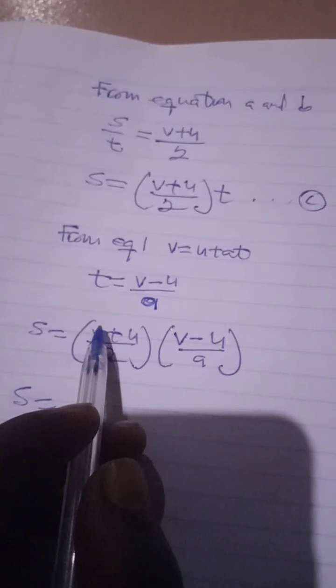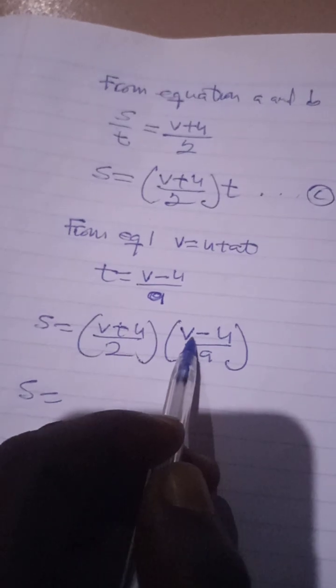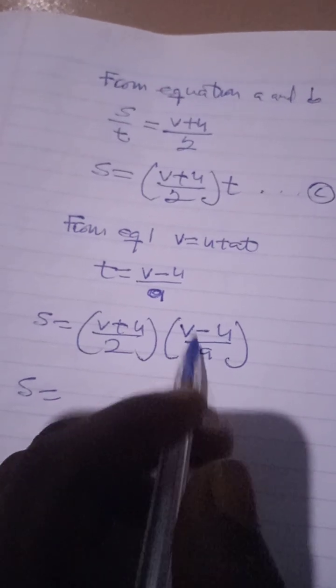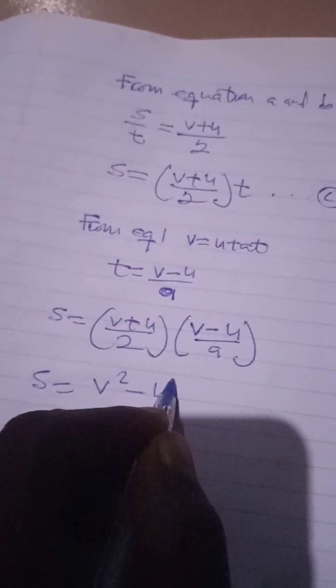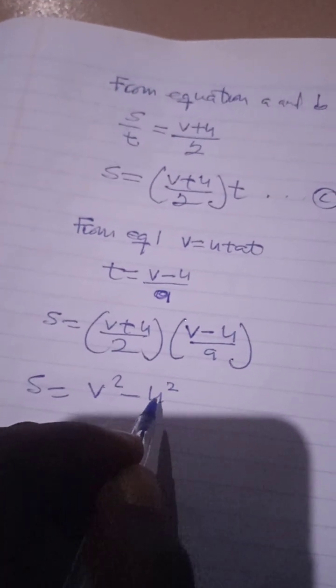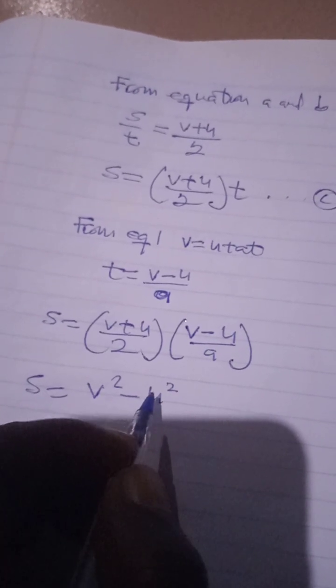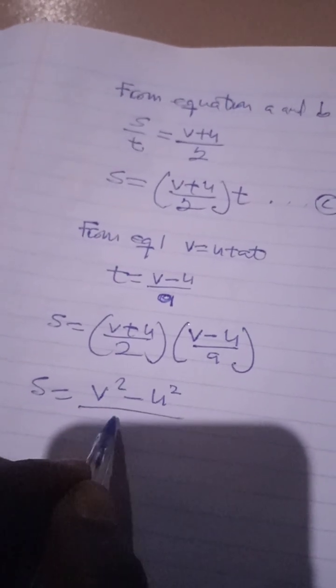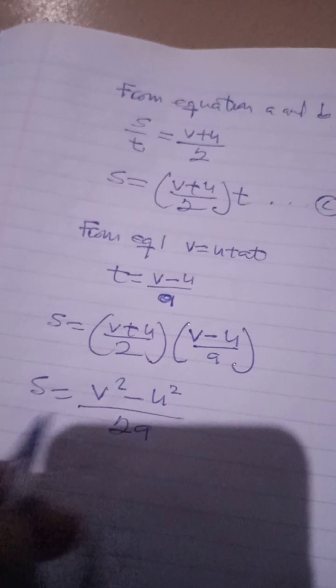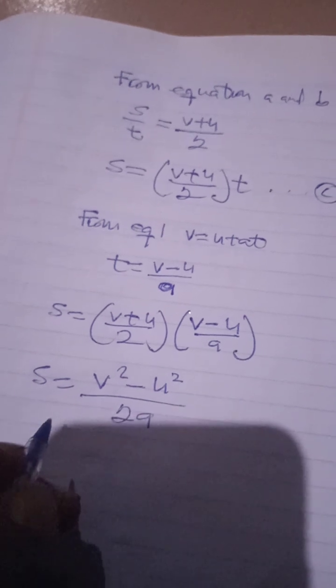So s is equal to, you are multiplying v plus u by v minus u. This is a difference of 2 squares. So you get v square minus u square. Then 2 multiplying a, you get 2a.